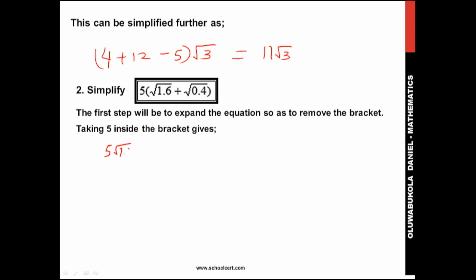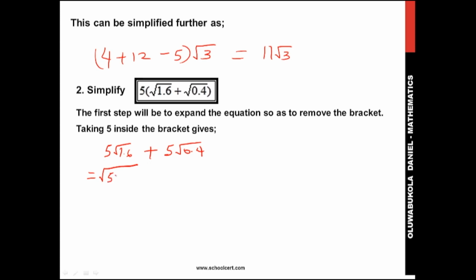So you have 5 root 1.6 plus 5 root 0.4. You can still do a bit of expansion at this particular point to remove your decimal points. Removing the decimal points will really make life a bit easy. So all you need to do then is take 5 inside.